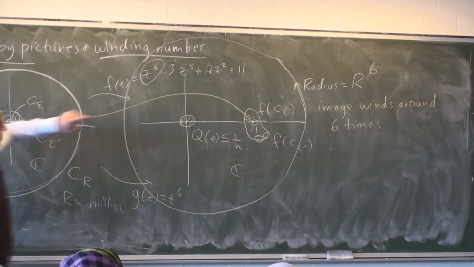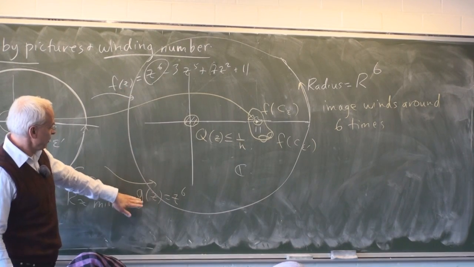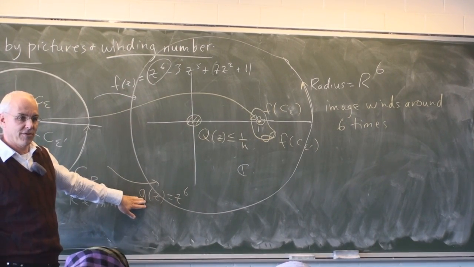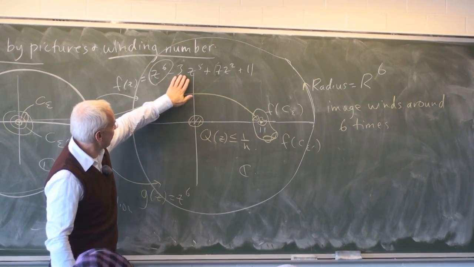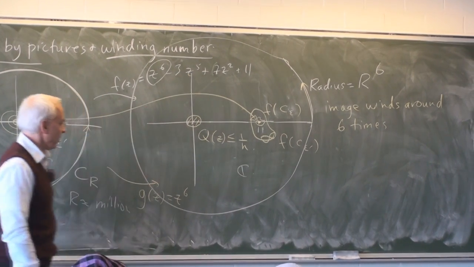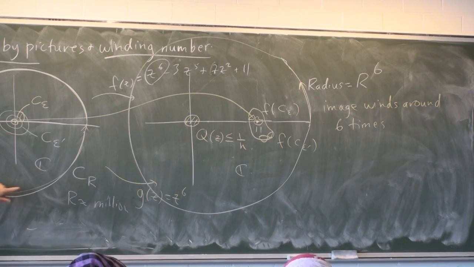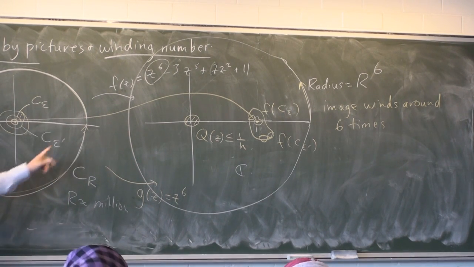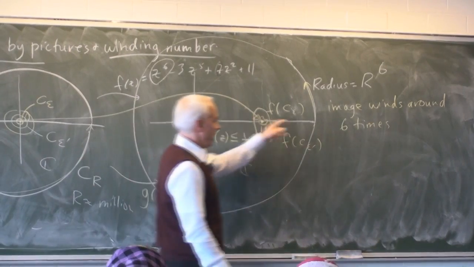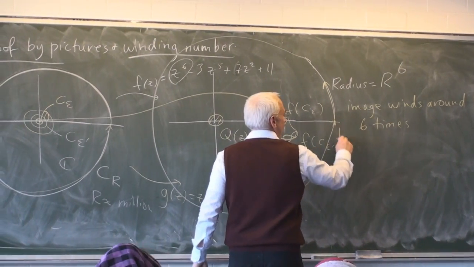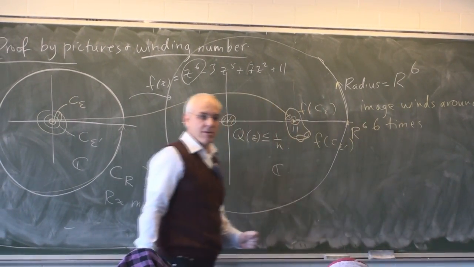Now what about these other terms, though? We're really interested in f of z, not z to the 6th. So let's have a look at, say, this next term, 3 z to the 5th. If z is on this big circle of radius 1 million, this big circle here has radius r to the 6th.